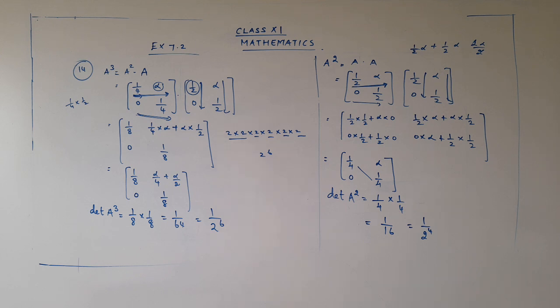Take down the steps. So I know the matrix A. Using matrix A, we have found the determinant of A. Then I found A square by multiplying A into A, and I got the determinant of A square. Then I found A cube by A square into A, and I took the determinant of A cube.